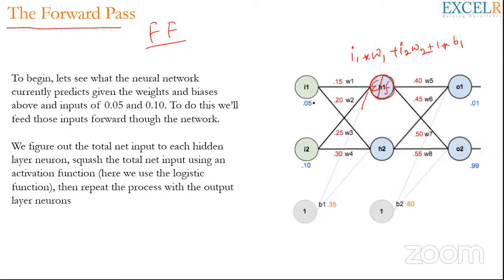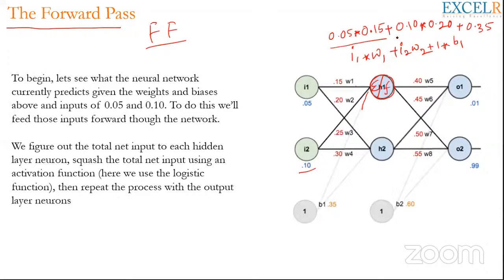Let us plug in these values. So 0.05 into W1, which is 0.15, plus 0.20 into I2, where I2 is 0.10, plus the bias B1, which is 0.35, so 1 into 0.35 is 0.35.